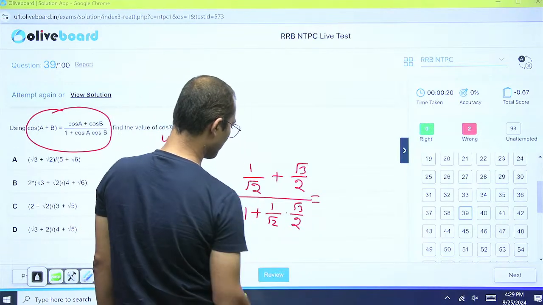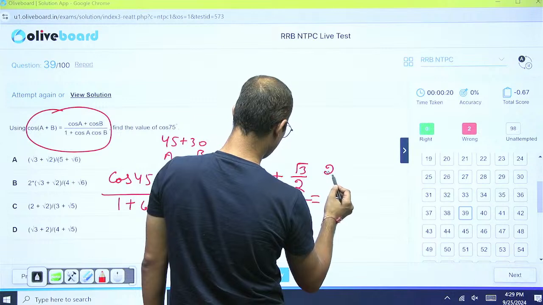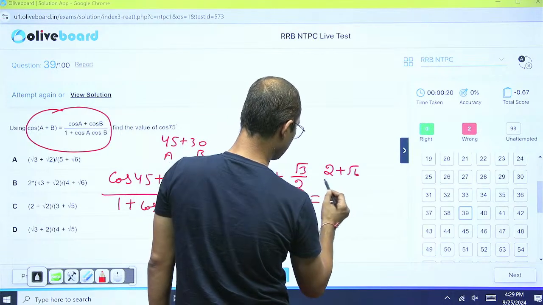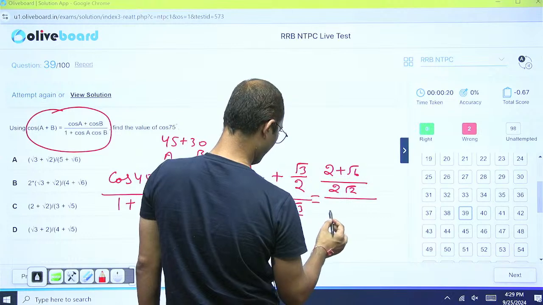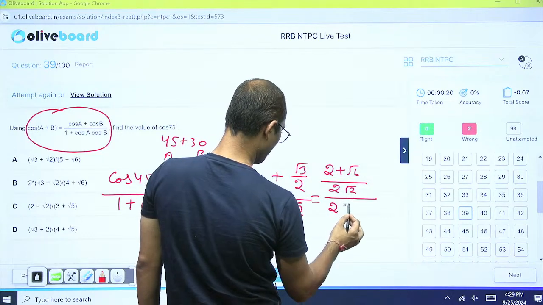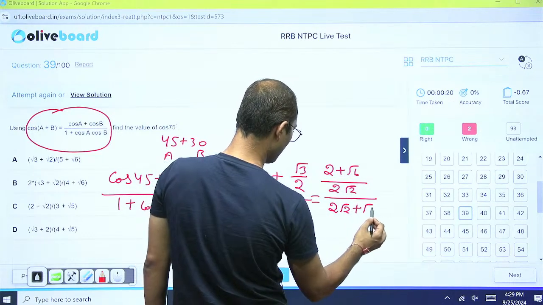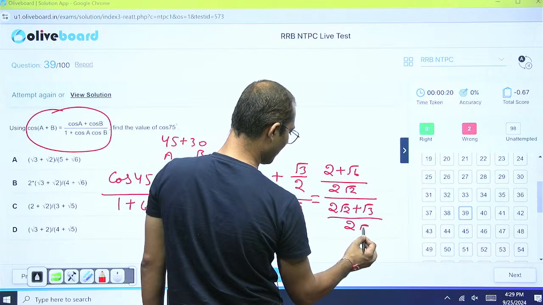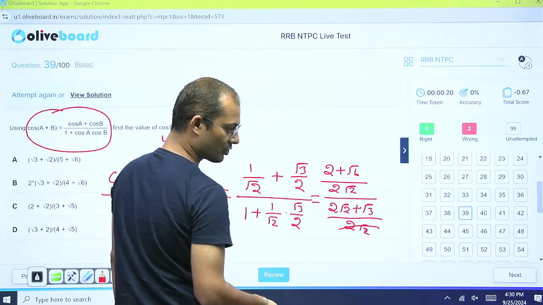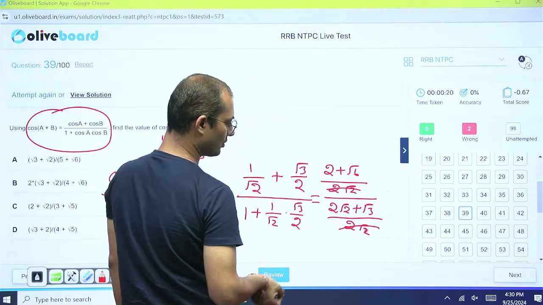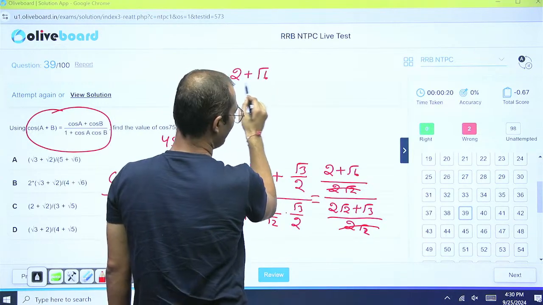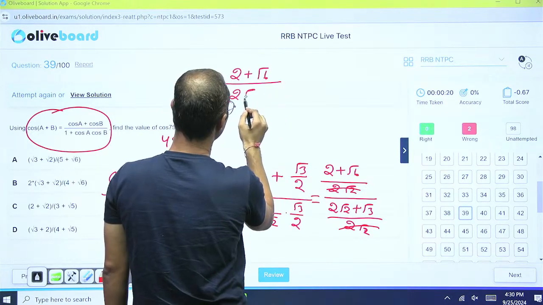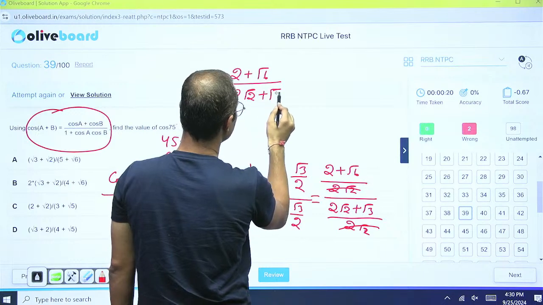So this would be equal to (2 plus root 6) divided by 2 root 2, upon (2 root 2 plus root 3) divided by 2 root 3. 2 root 2 would be cancelled out by 2 root 2. So here we will get 2 root 6 divided by 2 root 2 plus root 3.